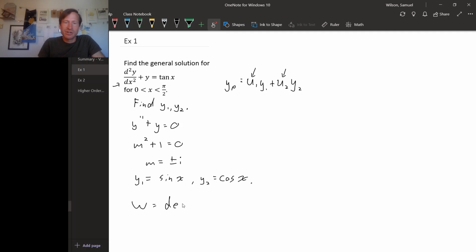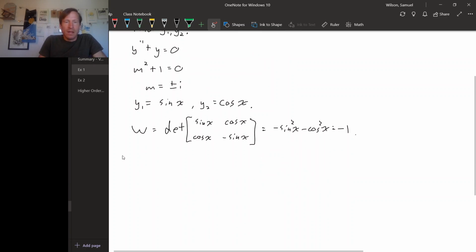So that's the determinant of y1, which is sine x, y2, which is cosine x, y1 prime, which is cosine x, and y2 prime, which is minus sine x. And this turns out to be minus sine squared x minus cosine squared x, and that's minus 1.